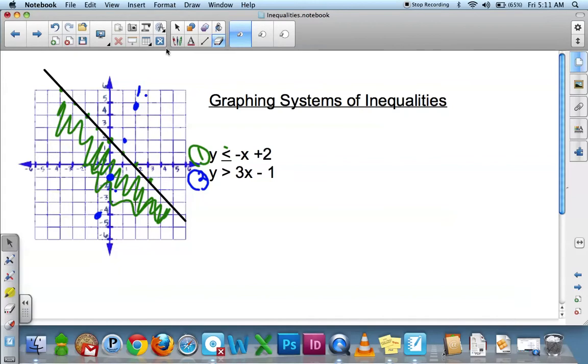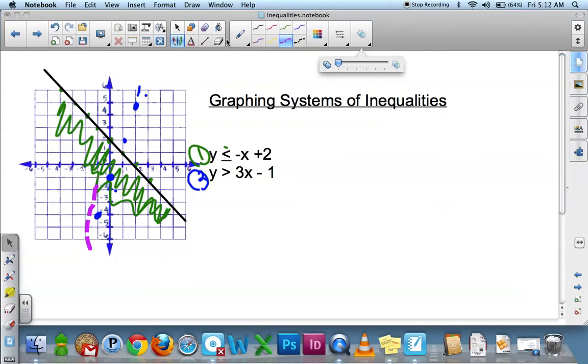Me and these dotted lines today. I am having the greatest time with these dotted lines.